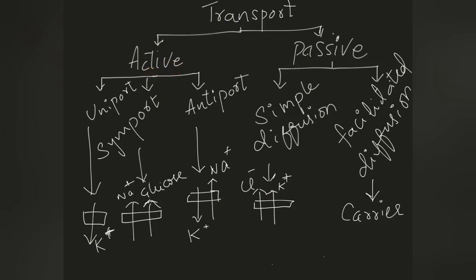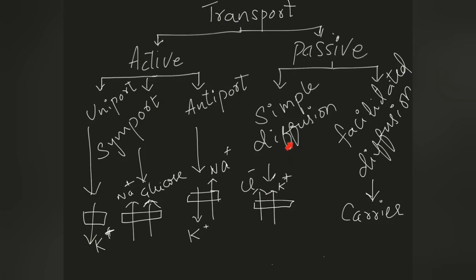This passive transport is again divided into two types: one is simple diffusion and another one is facilitated diffusion. The basic difference is that simple diffusion allows lipophilic components to pass through, as the membrane is permeable to lipophilic components.